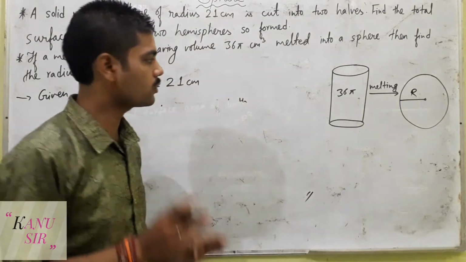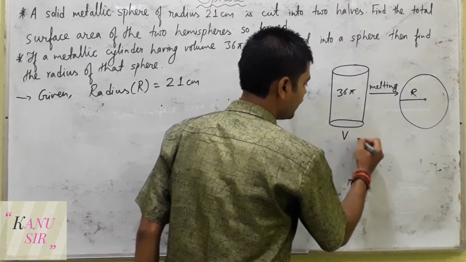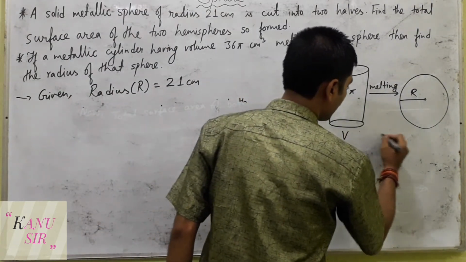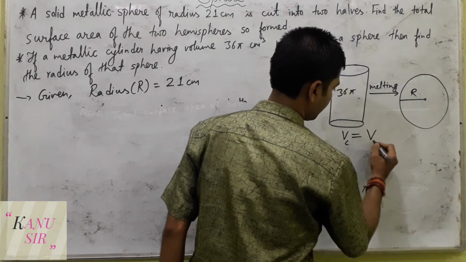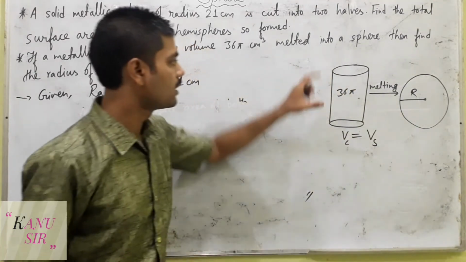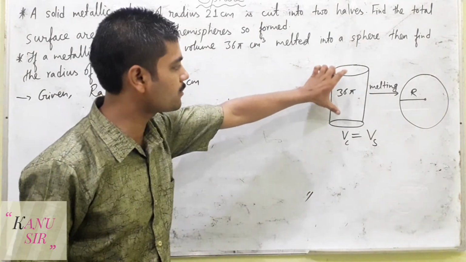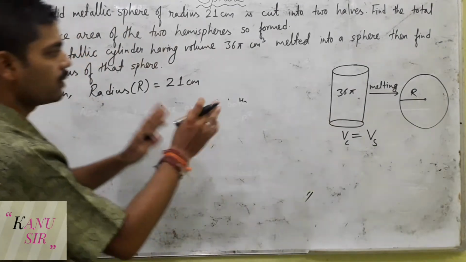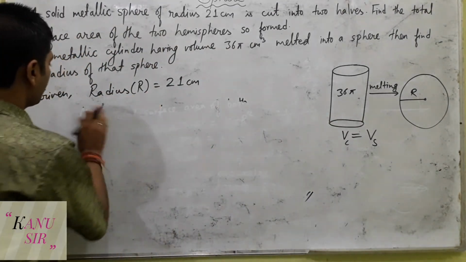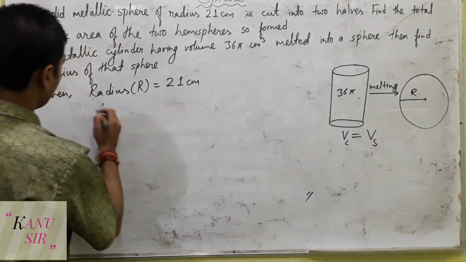So one thing you must know, the volume of the cylinder will be equal to the volume of the sphere, because the same cylinder is being melted and changed into the sphere, so the volume will remain the same.